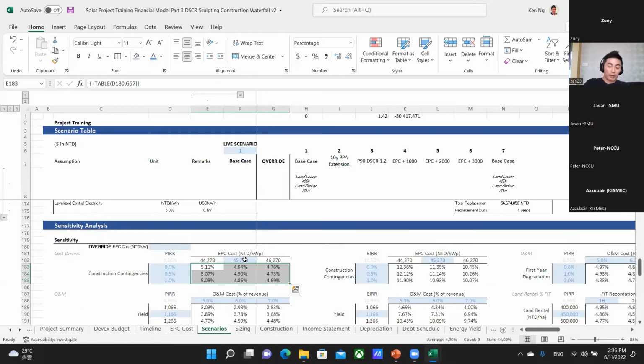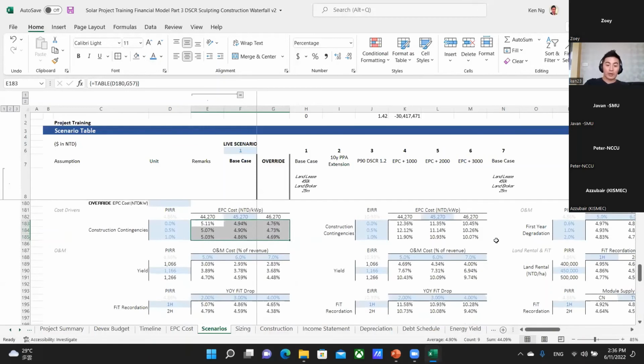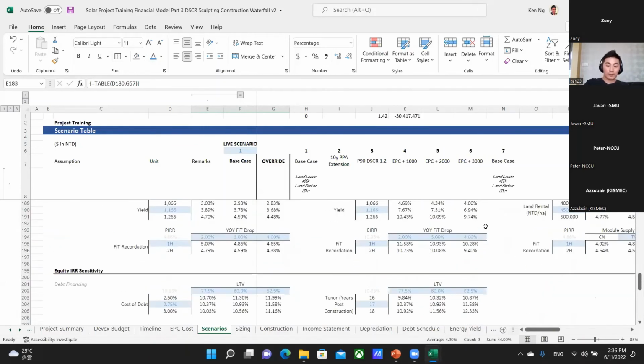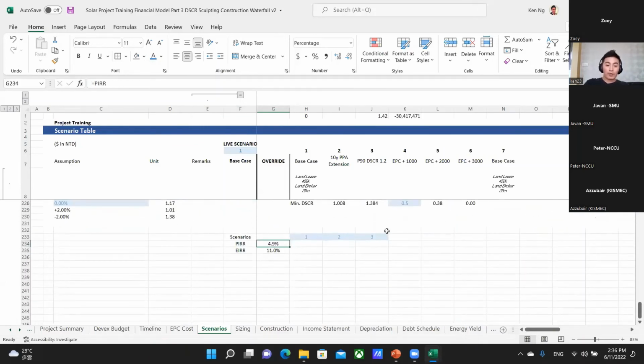So for example, if your EPC goes up, but your returns also go up, then you know that your calculations for calculating your EPC cost is incorrect. So you need to go into the model and see what's going on there. So these data tables is a great way to sanity check to make sure that your model is working correctly. Now, for example, let's say we want to create what are the returns under each scenario, 1, 2, and 3 here.